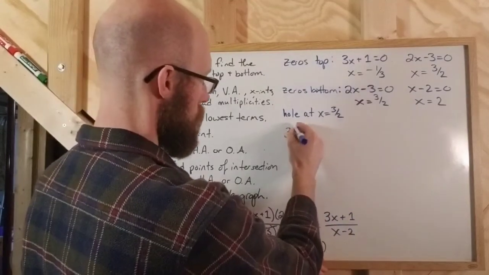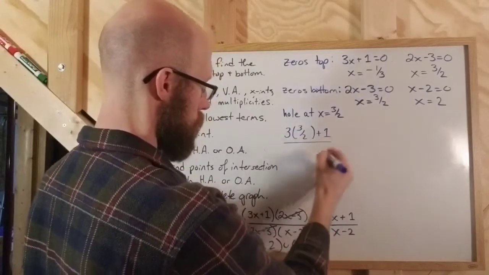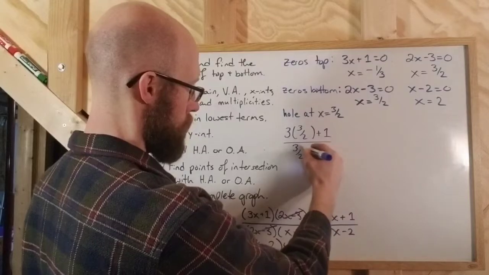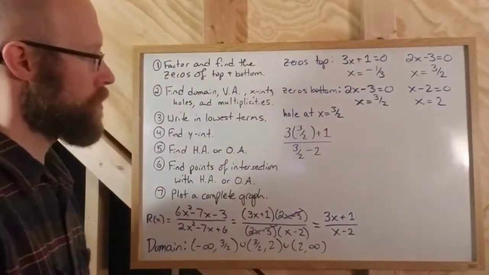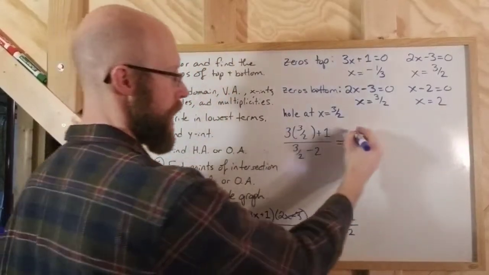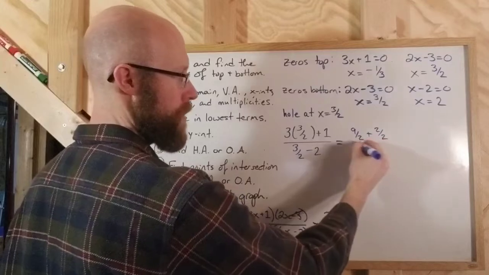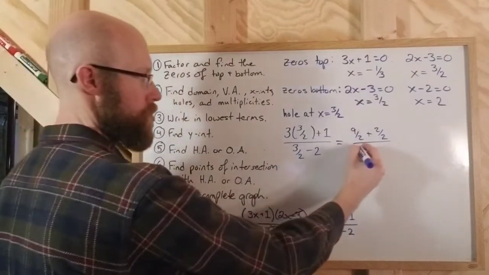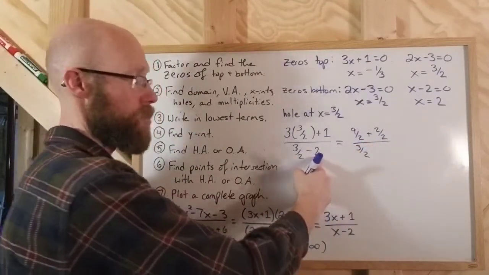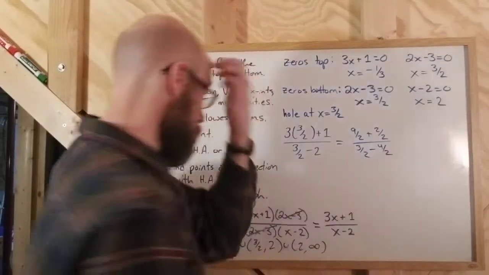So I'd get 3 times 3/2 plus 1 over 3/2 minus 2. Well, let's get common denominators here. This would be 9/2 plus 2/2, right? 1 is 2/2. And then here's 3/2, and 2 is really 4/2, so that'd be minus 4 over 2.